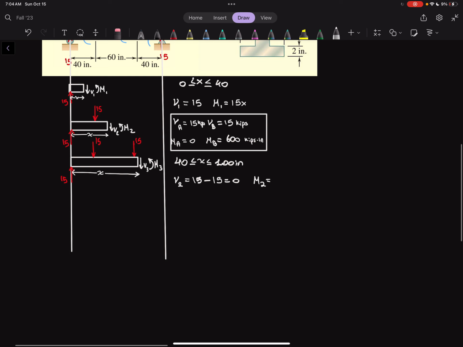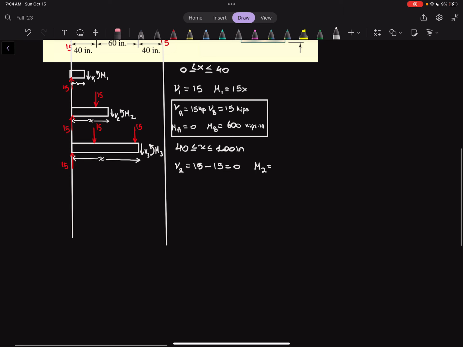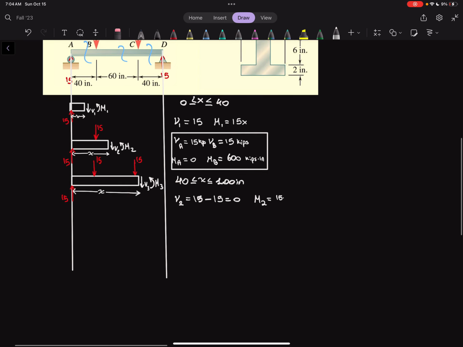And now M2 is going to be what? Well, M2, we're going to have a moment, and that moment is going to be 15x. Nope, 15x minus 40, right? Hold on.